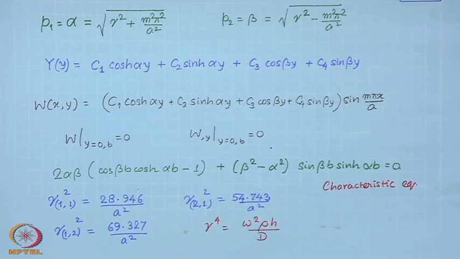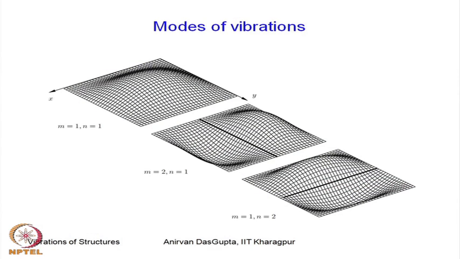Now, this figure shows the first 3 modes of vibration of this plate. In the first mode there are no nodal lines, whereas the second and the third modes have these nodal lines. Here you can see these two are the clamped edges, so the slopes are 0, whereas these are simply supported edges.